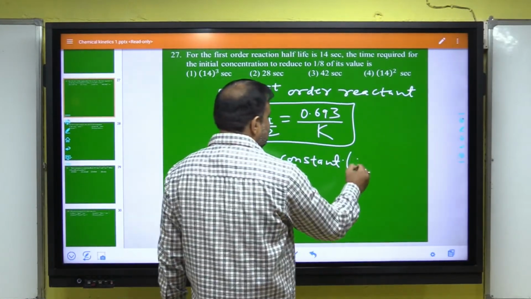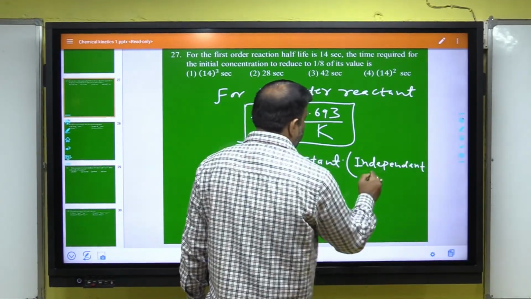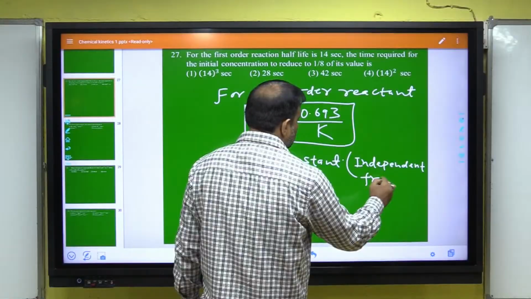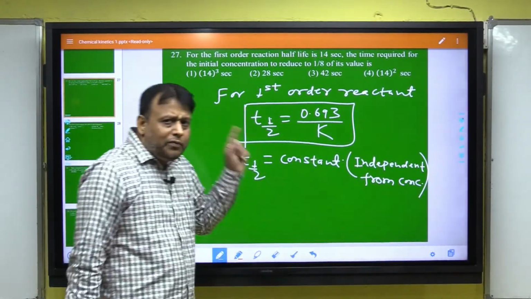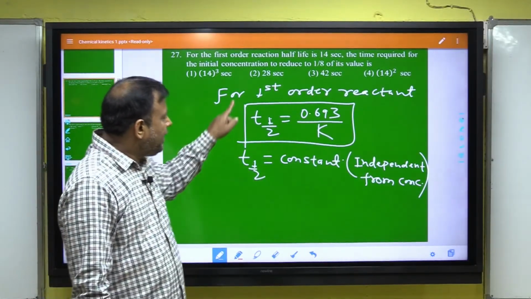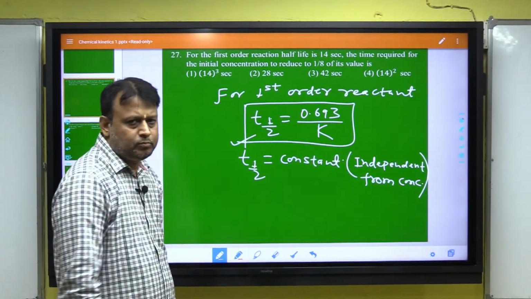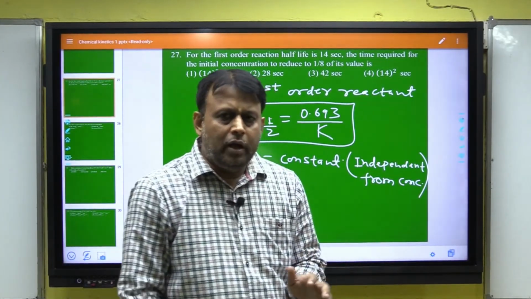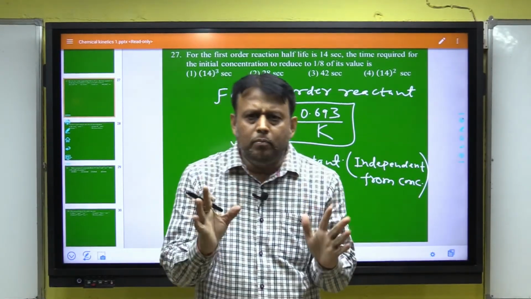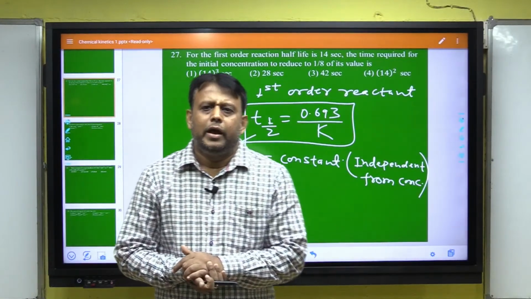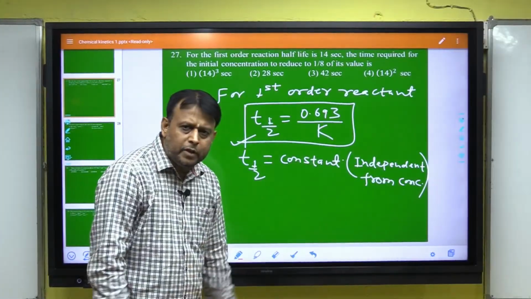And it means half life is independent of the initial concentration, only in first order, not in zero or second order. In first order, half life is 0.693 by K, and it is independent of the conc of the reactant.